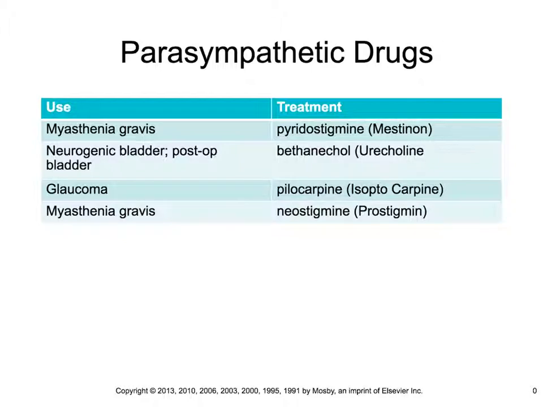So for the neurogenic bladder, a post-op bladder, bethanechol is a direct-acting cholinergic agonist that stimulates smooth muscle contraction of the urinary bladder, and it also stimulates voiding. For glaucoma, pilocarpine is used to reduce the intraocular pressure.